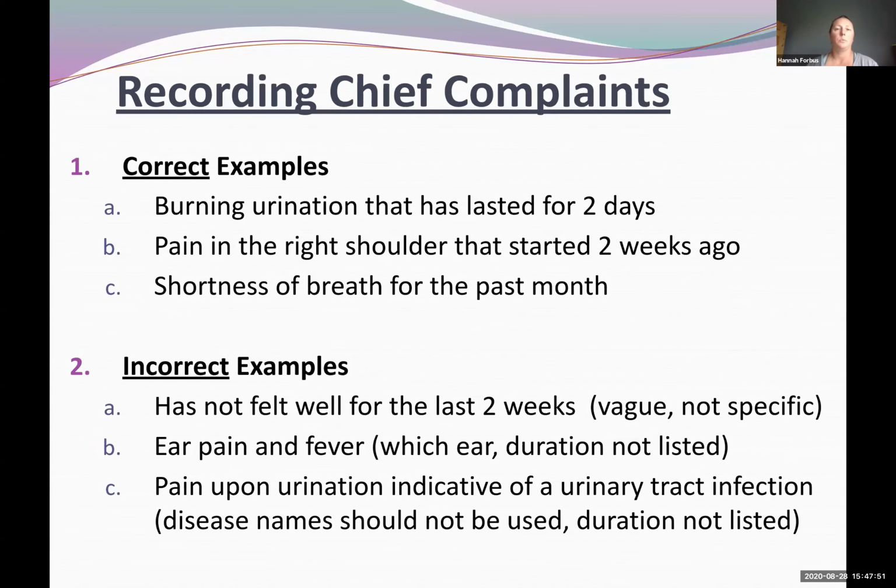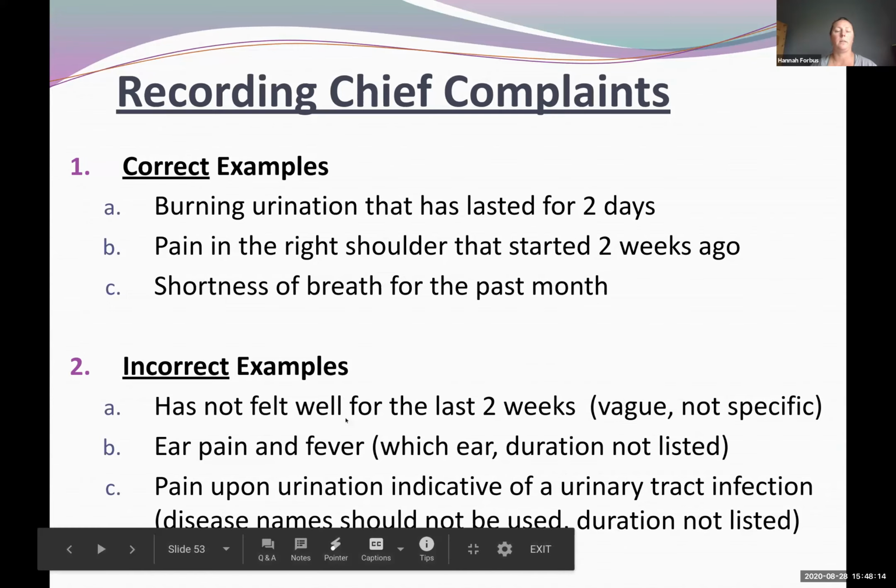So when we're recording chief complaints, correct examples would be burning urination that has lasted for 2 days, pain in the right shoulder that started 2 weeks ago, shortness of breath for the past month. Incorrect examples, has not felt well for the last 2 weeks. So that's very vague, right?